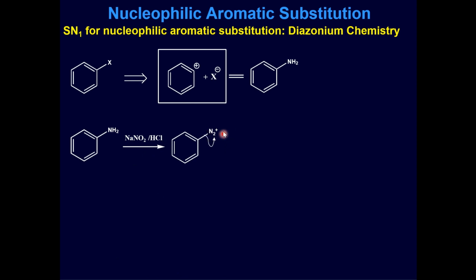To satisfy this electron-deficient nitrogen, the electrons between the carbon and nitrogen break and are taken away to the nitrogen, rendering this carbon on the benzene ring positive. So X minus can attack on this positive center, and I can achieve the required aromatic nucleophilic substitution with the loss of nitrogen.